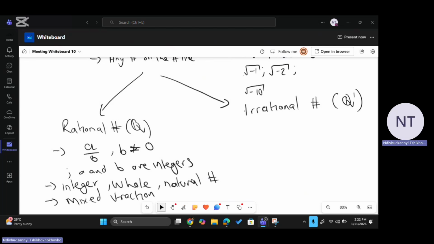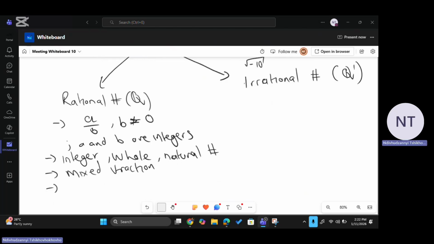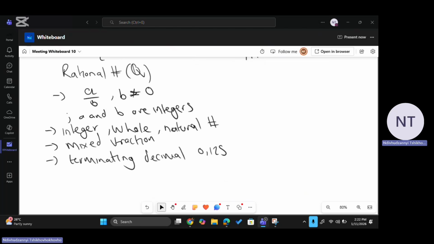And the last two conditions: if it's a decimal, it has to be a terminating decimal. A terminating decimal is a number like 0,125. It doesn't proceed on and on. And also, it can be a recurring decimal.